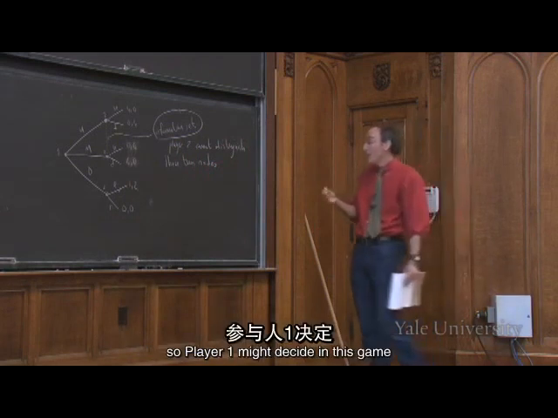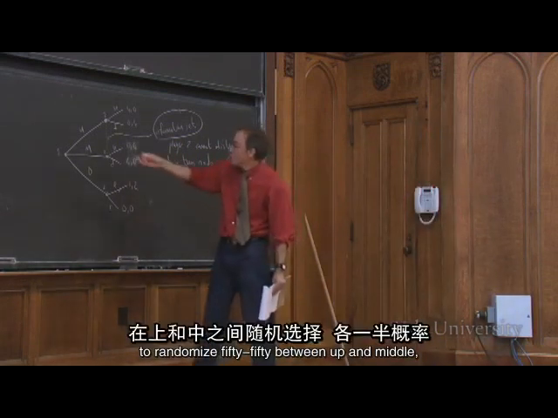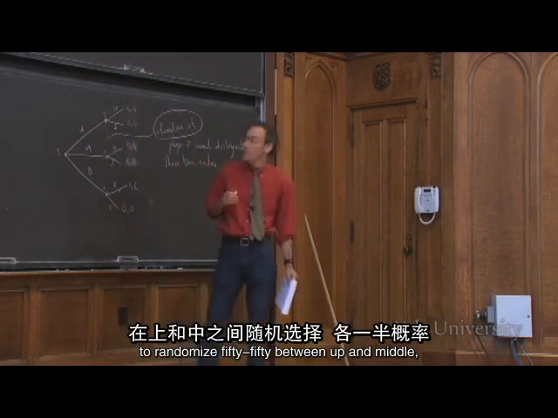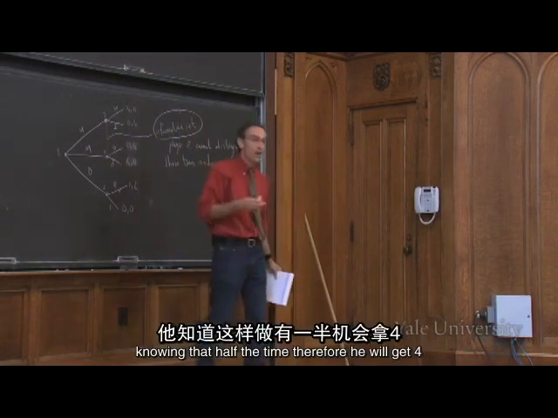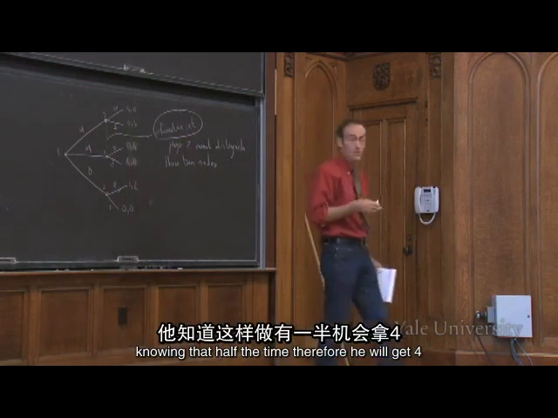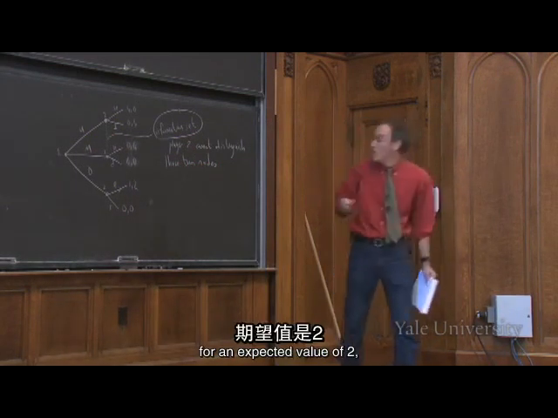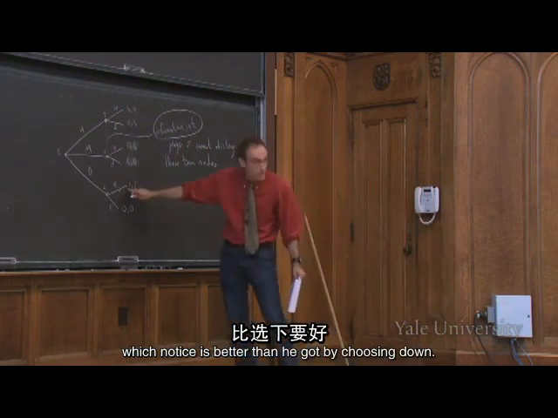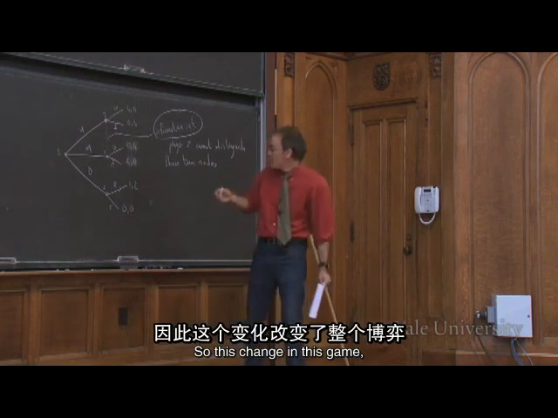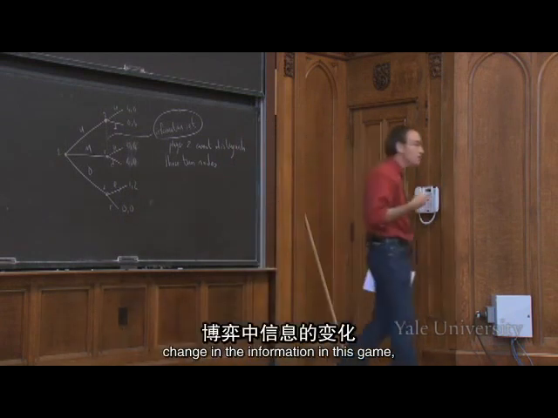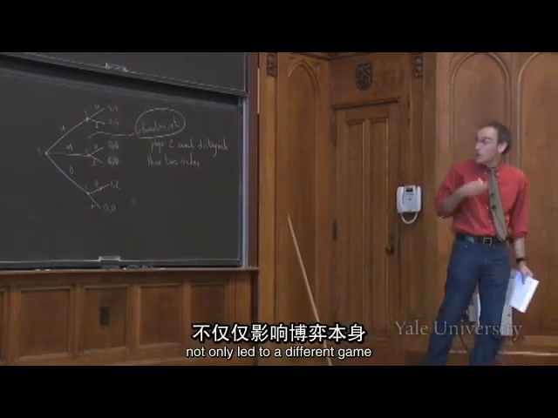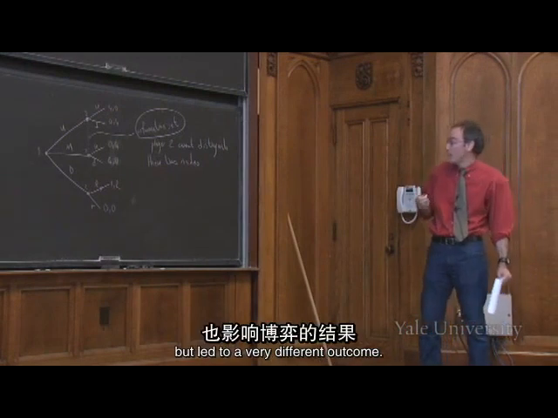So said again, player 1 might decide in this game to randomize 50-50 between up and middle, knowing that half the time he will get 4, and half the time he'll get 0, for an expected value of 2, which notice is better than he got by choosing down. So this change in this game, changing the information in this game, not only led to a different game, it led to a very different outcome.